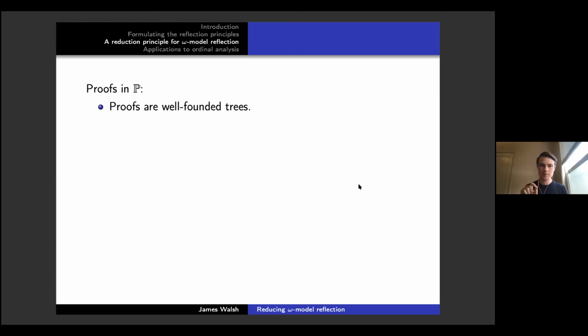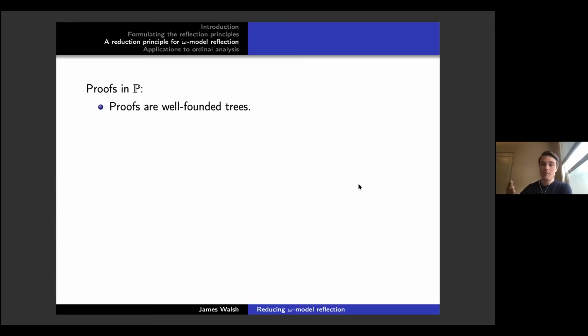The root of the tree is decorated with the thing that's being proved, and the leaves of the tree are decorated with the axioms. And if you have two nodes in the tree that have a successor, and you look at the way they're decorated, it has to make sense in virtue of some inference rule of the proof system. So for instance, you might have something like phi, psi, and then you get phi and psi. So we'll have a rule in our system that allows this to happen.